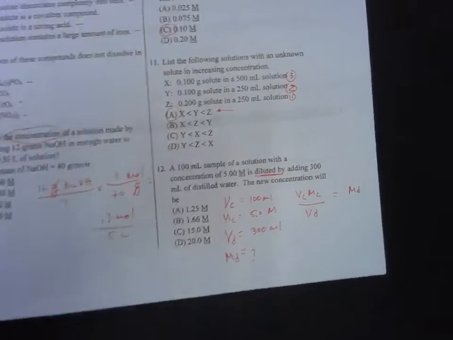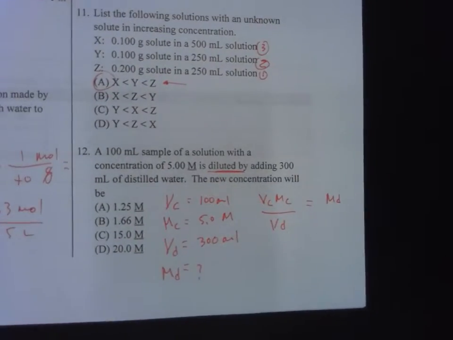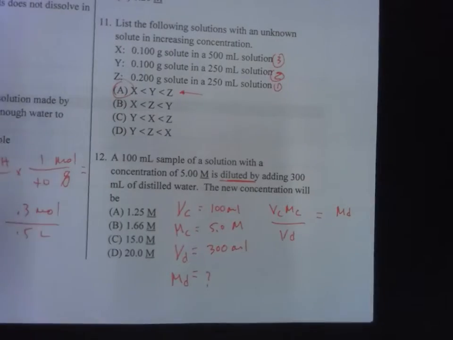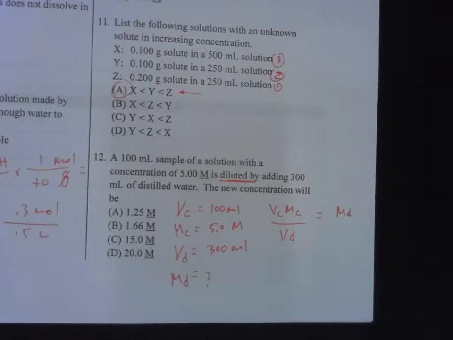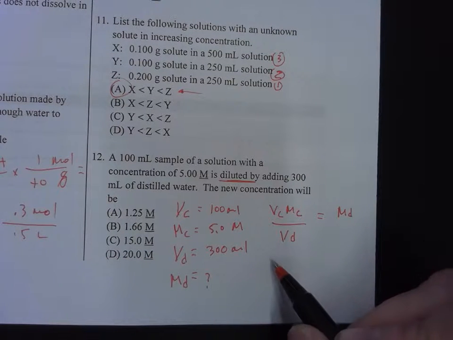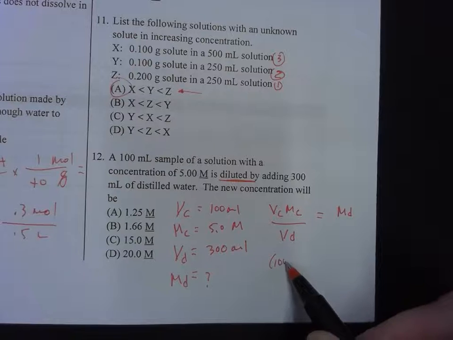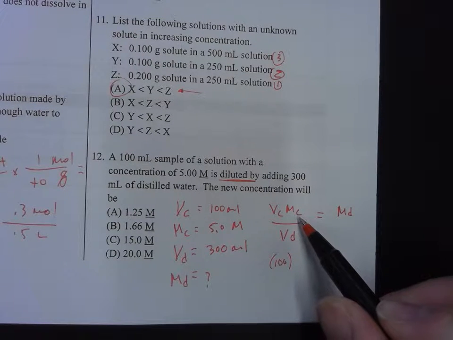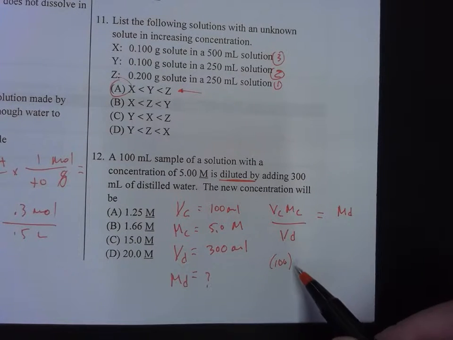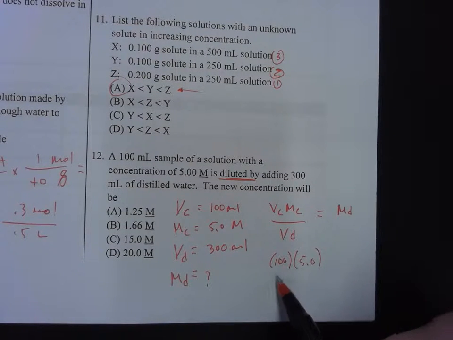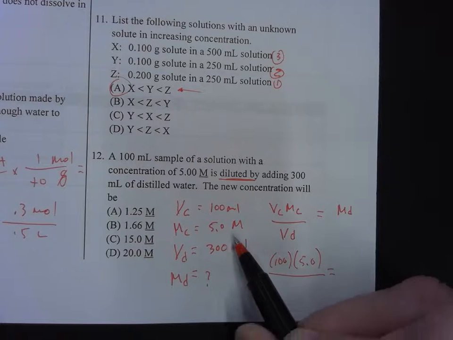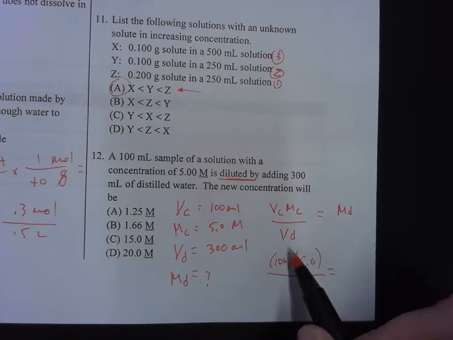Let me zoom in just a little bit. In this case, volume of concentration is going to be 100 mils times our molarity, which is going to be 5. I should really be including my units here, but I'm not, just because I don't have a lot of space. And volume of dilution is 300 mils.